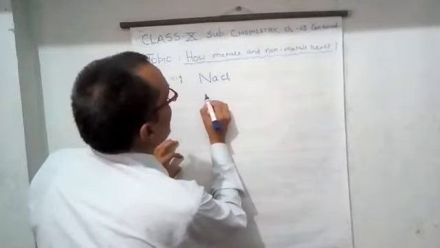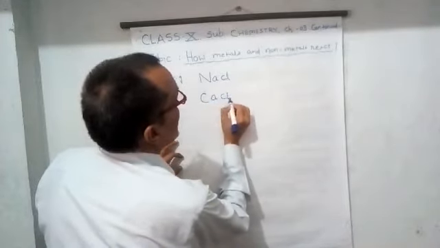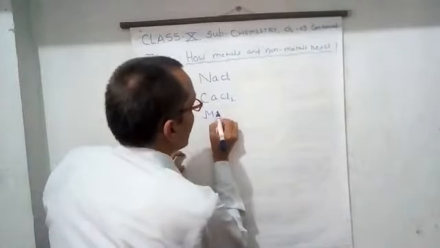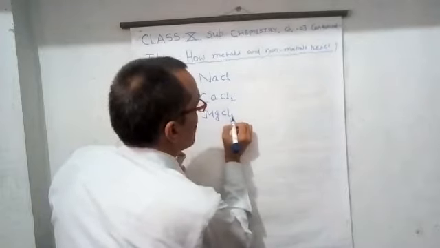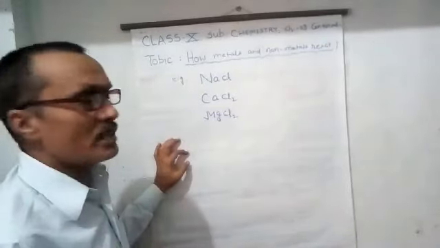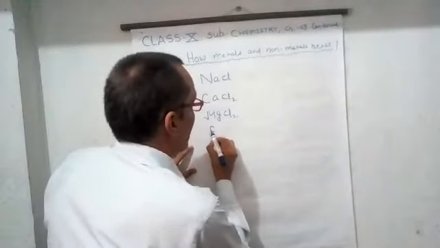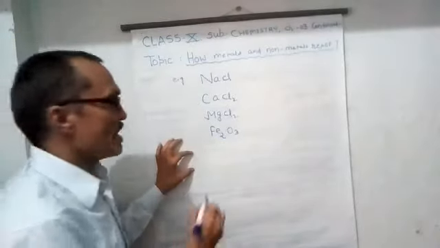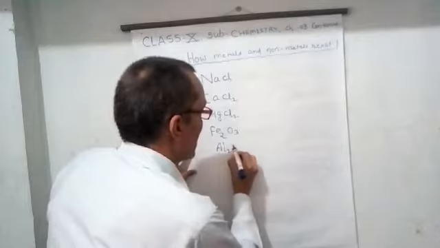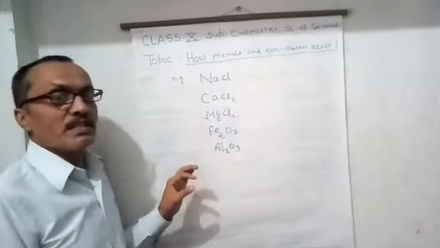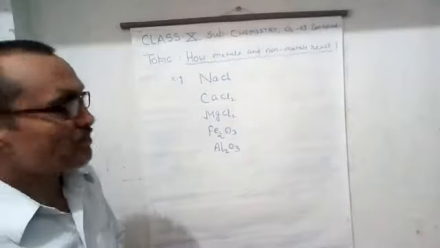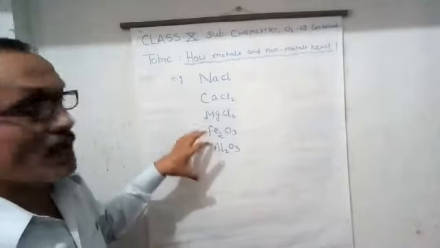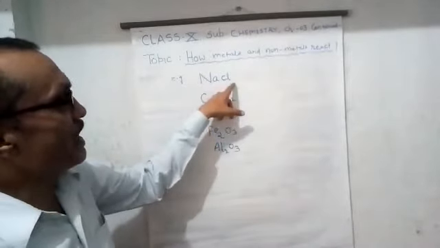In a similar way, CaCl2 is calcium chloride, MgCl2 is magnesium chloride, Fe2O3 is ferric oxide, and Al2O3 is aluminum oxide. Students, these are all examples of compounds made from metal and non-metal.